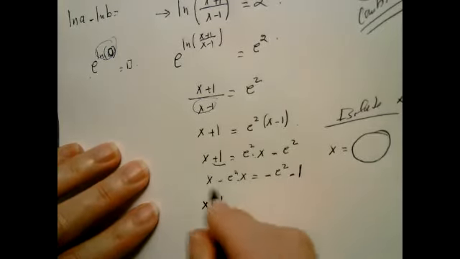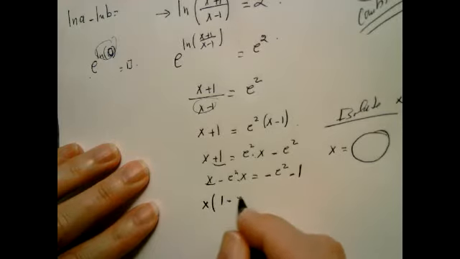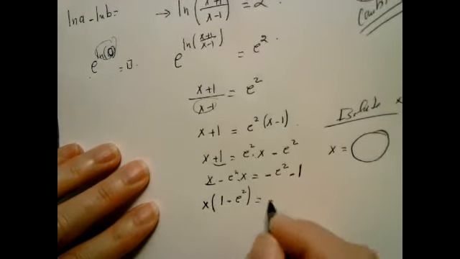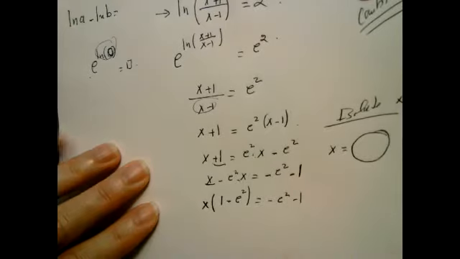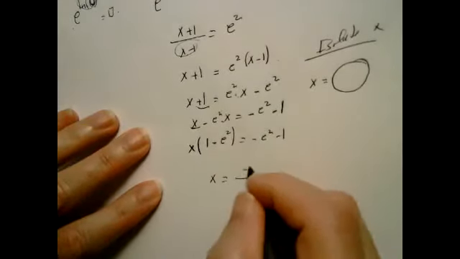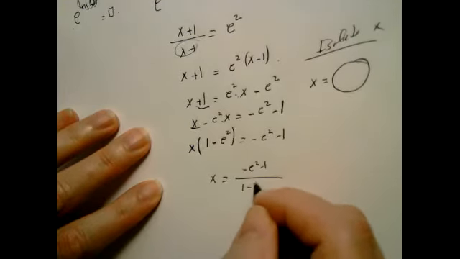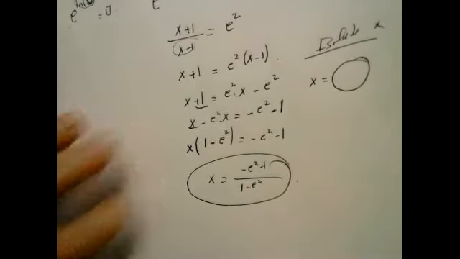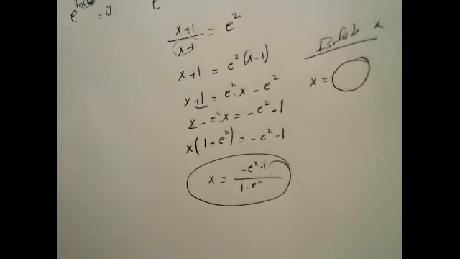Now I isolate my x by factoring it out. And this will finally give me my x, which is minus e squared minus 1 over minus e squared. Okay, so that's really how to solve it.